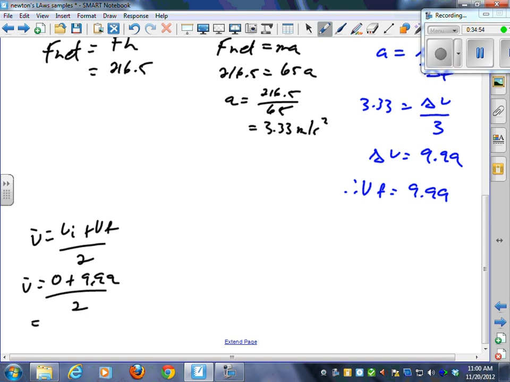Can I round 9.99 up to 10 and then divide by 2? I'm just going to call that 5. Now I go V bar is equal to D over T. 5 is D over 3. My distance traveled, 15 meters.